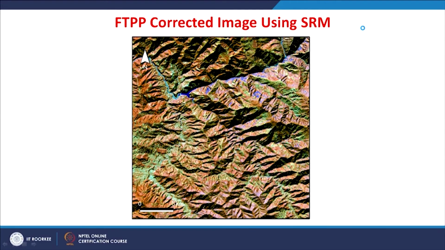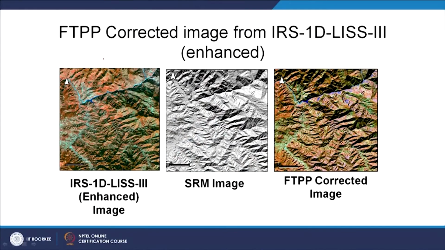You can employ already available digital elevation models and get rid of FTPP using this image merging or image fusion technique. In all three images together, the leftmost image is suffering from FTPP, the center image is a shaded relief model created using the digital elevation model, and this is the FTPP corrected image where the river, again the Bhagirathi river, is flowing in the valley, giving us a correct perception.